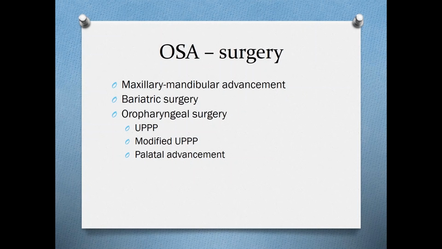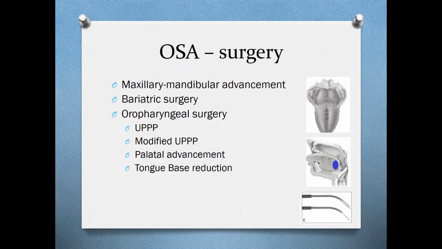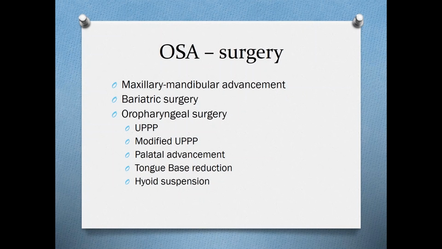Tongue base reduction: the blue circle shows where you can go in orally with these needle devices, radiofrequency devices, and create an ablation which will pull the back of the tongue forwards and open it up with minimally invasive procedures. And of course, there are more extensive procedures available, but done only in very select patients. Hyoid suspension pulls the hyoid forwards, which pulls the back of the tongue forwards. Some centers do it, not all.